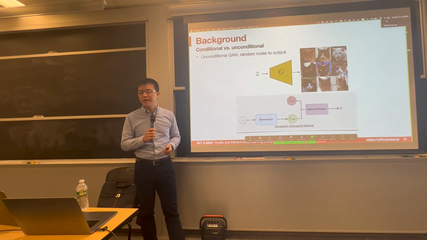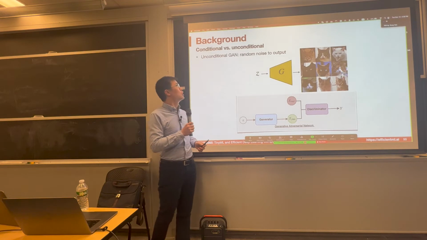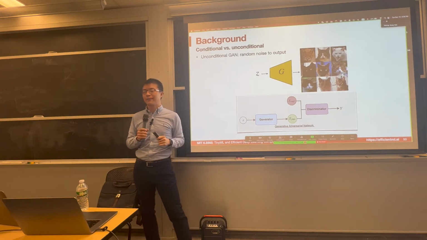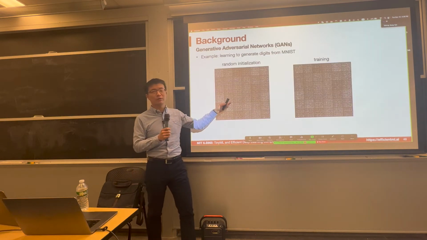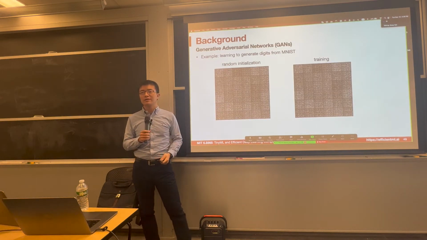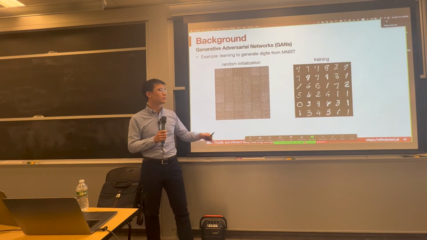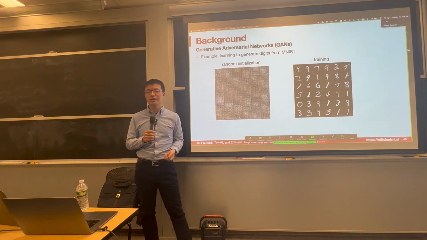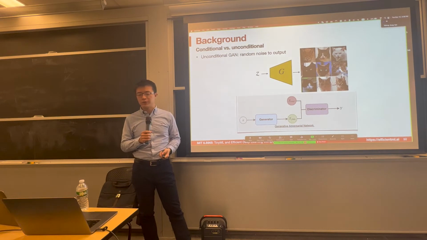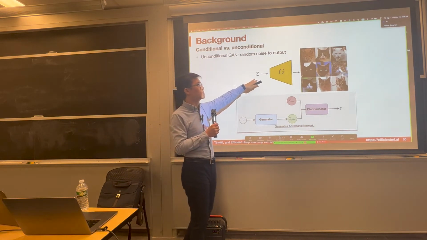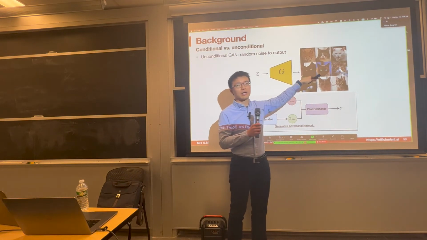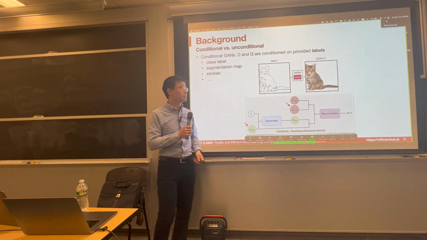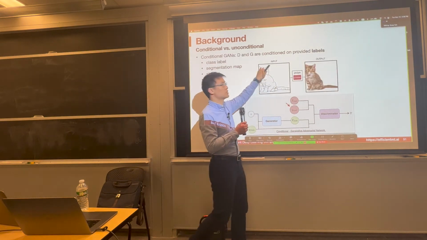Apart from that, let's introduce two concepts. One is conditional GAN, the other is unconditional GAN. The example we have shown just now is an unconditional GAN, right? We don't know whether we are going to generate a 0 or generate a 1. It's completely random. We are feeding it with random noise, and then we can generate all kinds of different outputs. On the other side, a conditional GAN is conditioned on certain inputs.